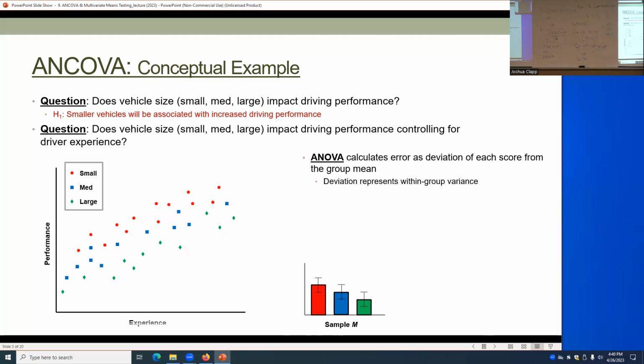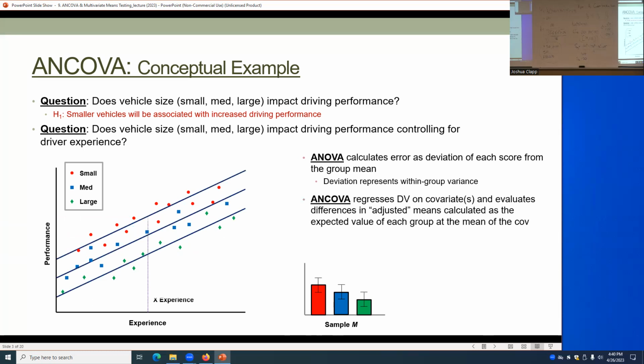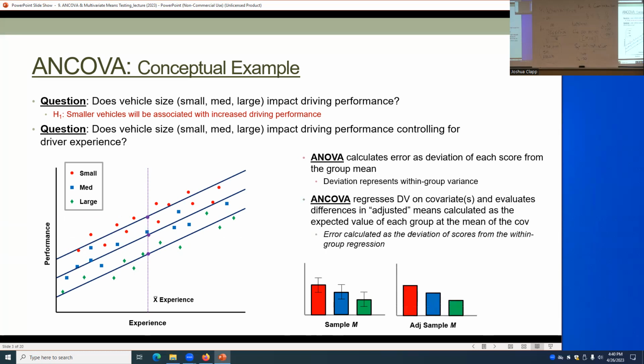With my ANCOVA, as soon as I model experience, I'm looking at mean differences at the average level across my groups projected, but then my error is calculated as the deviation of my group from its regression line. So now my errors are just the difference between my observed values and my regression line, as opposed to the mean of the whole group, okay?